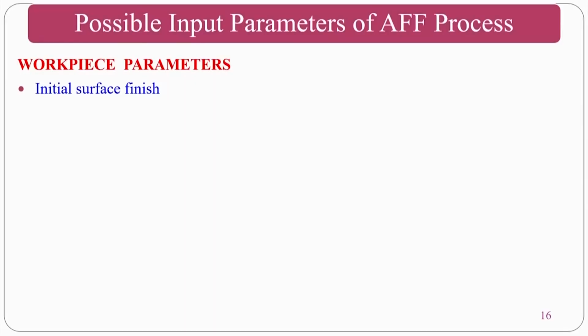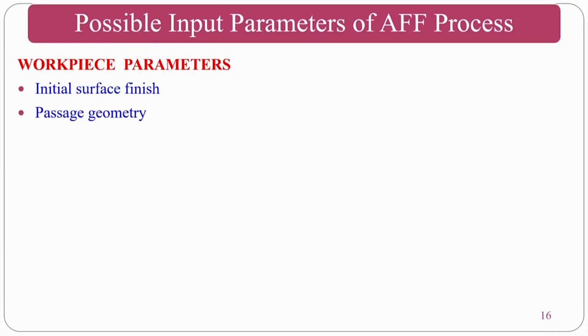That means the initial surface texture, morphology and metallurgy always play a crucial role in achieving nano surface roughness in the abrasive flow finishing process.